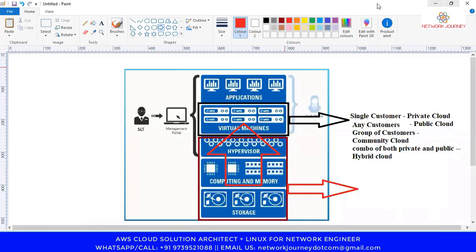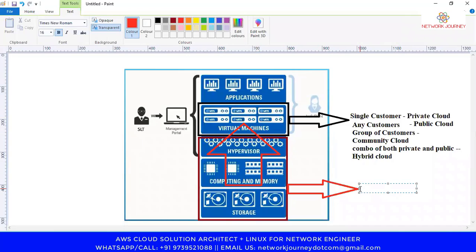This marked portion will be taken care of by the cloud service provider, like AWS, Azure, or GCP.